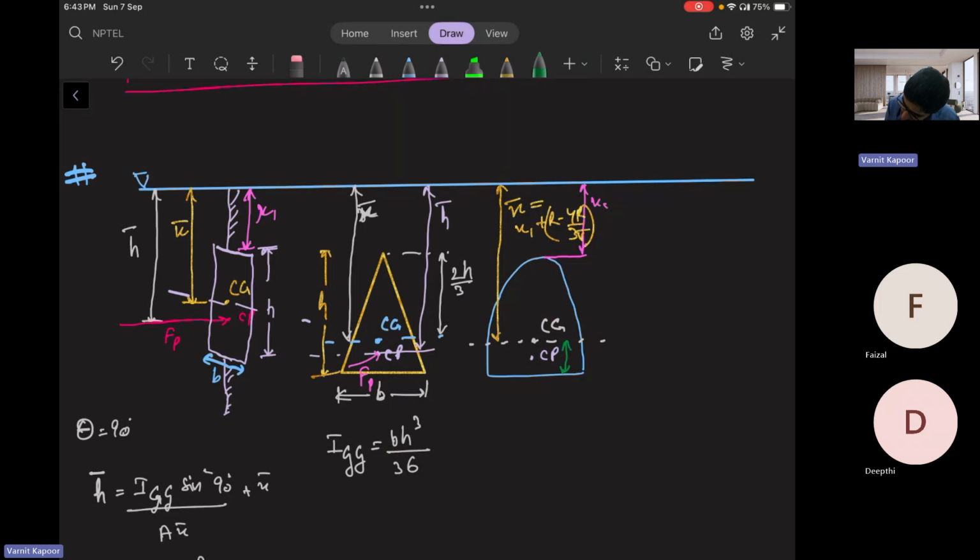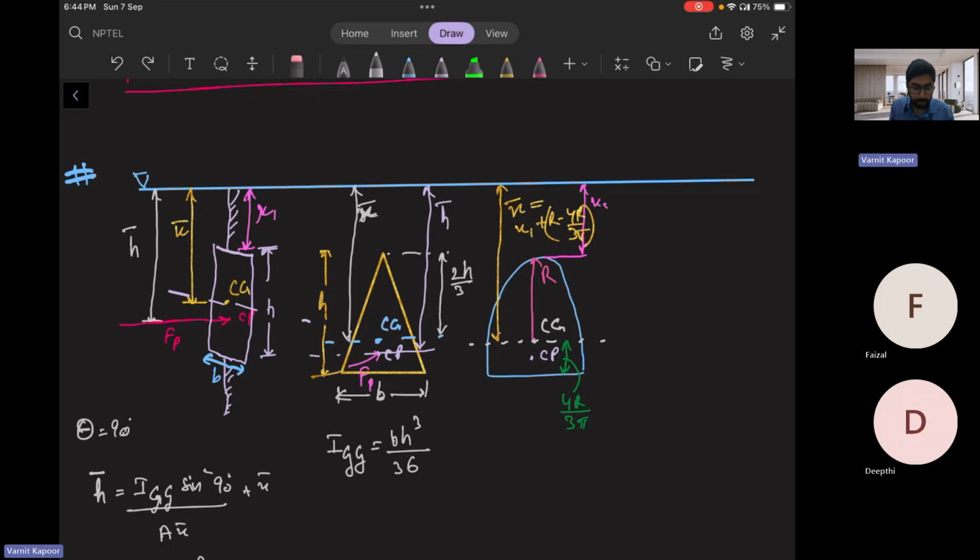This distance from the center of gravity to the base is 4r by 3 pi, and this complete radius is r. So r minus this 4r by 3 pi, plus this much x1, is your x bar, from the geometry of a semicircular plate.